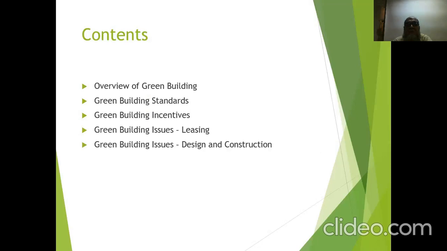How are green building issues being handled, and what are the issues? And last but not least, NED University has also taken some initiative towards this green building concept, and that will also be part of my lectures in this course.